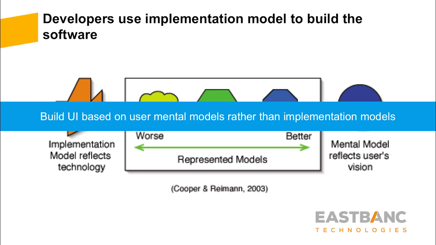In your Agile team, you have lots of developers who really understand the system, but they're not the target users of the system. So here's the process I'm suggesting for your Agile team: how you can uncover the mental model and how you implement the represented model in your interface.